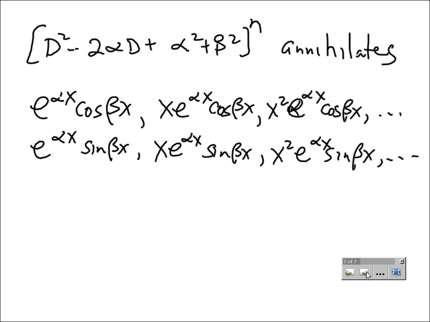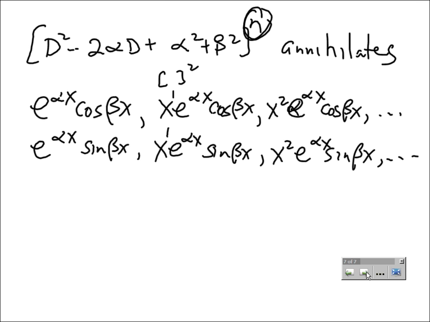Although the nth power will annihilate all of these for n big enough, what you need to realize is that when the power of x is 1, you need to use the power 2.